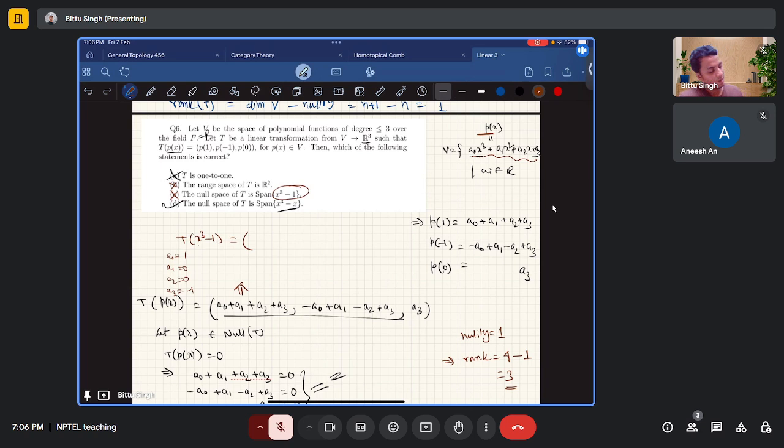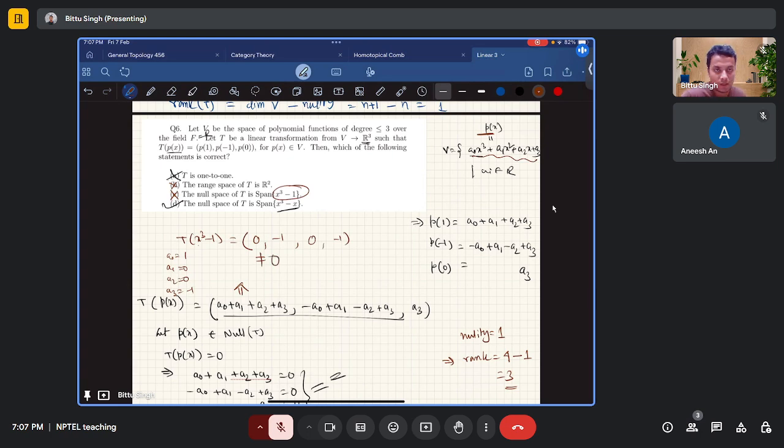So again, if we apply the definition, this gives us 0 here, minus a0 plus a1, which is minus 1 actually, then minus a2 plus a3, which is 0, then a3, which is minus 1. So this is not 0, right?